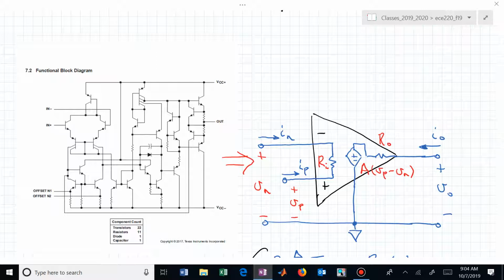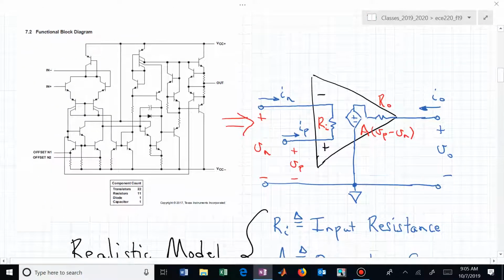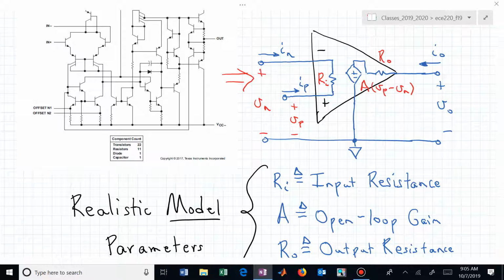We won't use this until after we've looked at how to analyze circuits in a more ideal scenario, and we'll find that many times we don't even have to go to this level of detail, replacing an op amp with this triangle associated with a dependent source, a resistor at the input side, and a resistor at the output side.